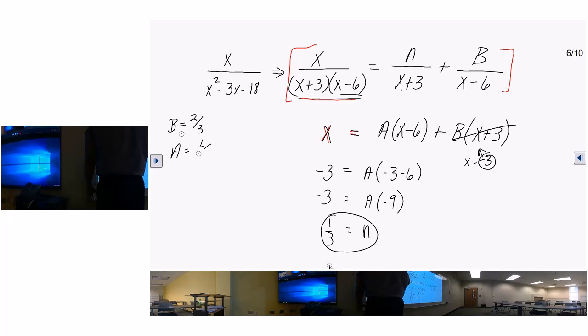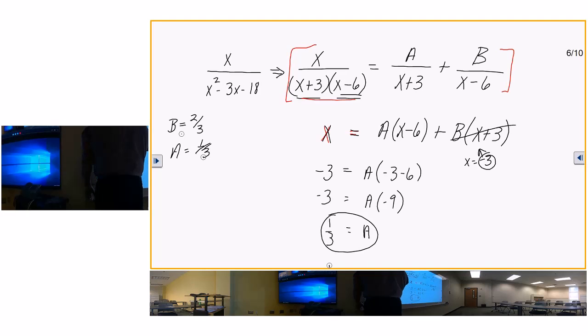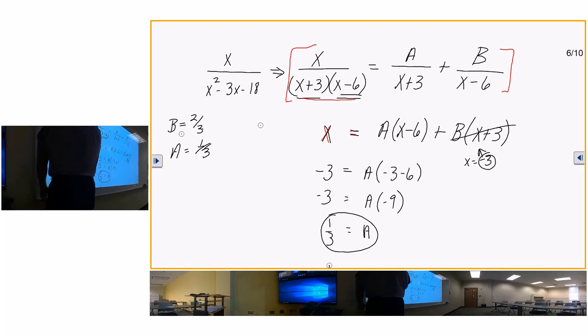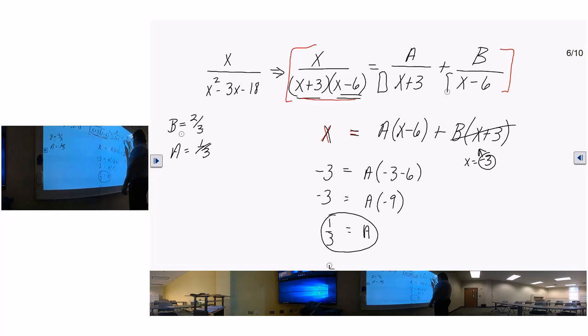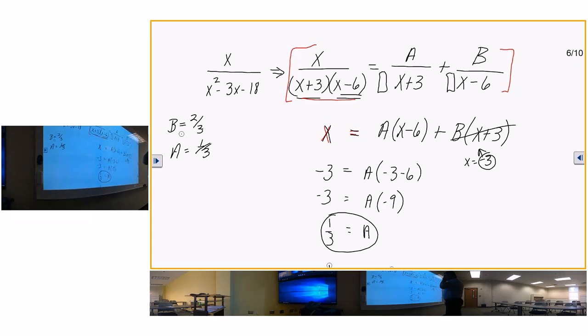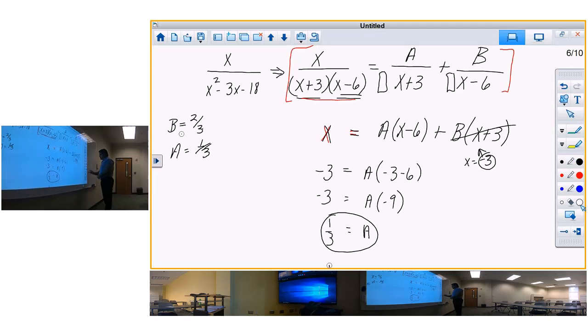Now remember, when you have a fraction, this denominator is going to come down here, and it's going to come right here, and it's going to come right here. All right? So while I'm erasing the board, you go ahead and write the answer. Plug those in.